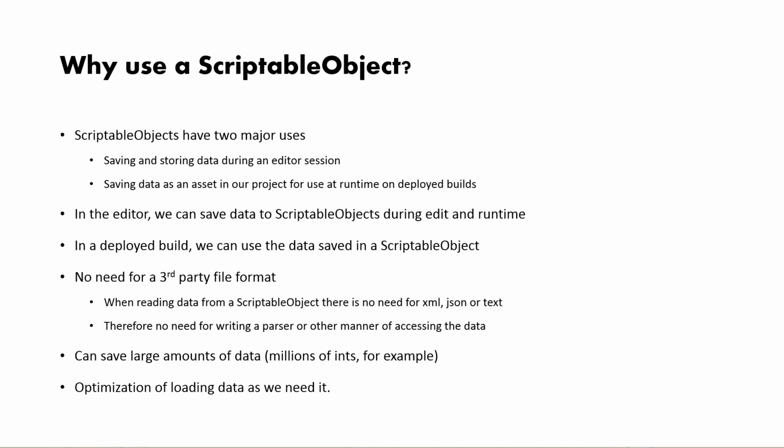Now it's going to take up hard drive space, or drive space on whatever your device is, but you don't have to load it into memory. So you only would need to load into memory one bit of those at a time. So you can break all of your data down into multiple scriptable objects and then access that data as you need to, looking at one particular scriptable object at a time.